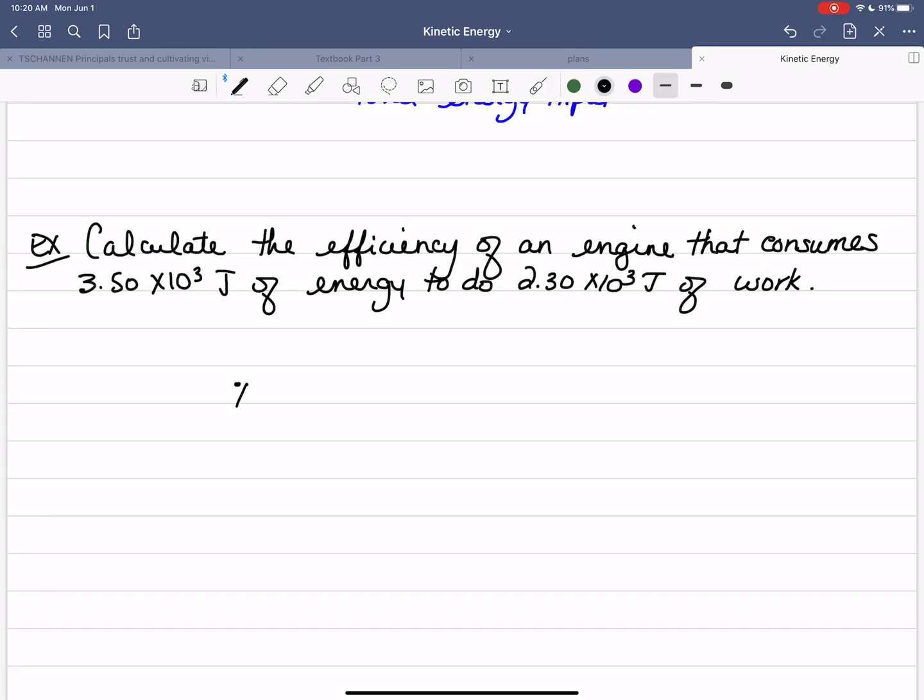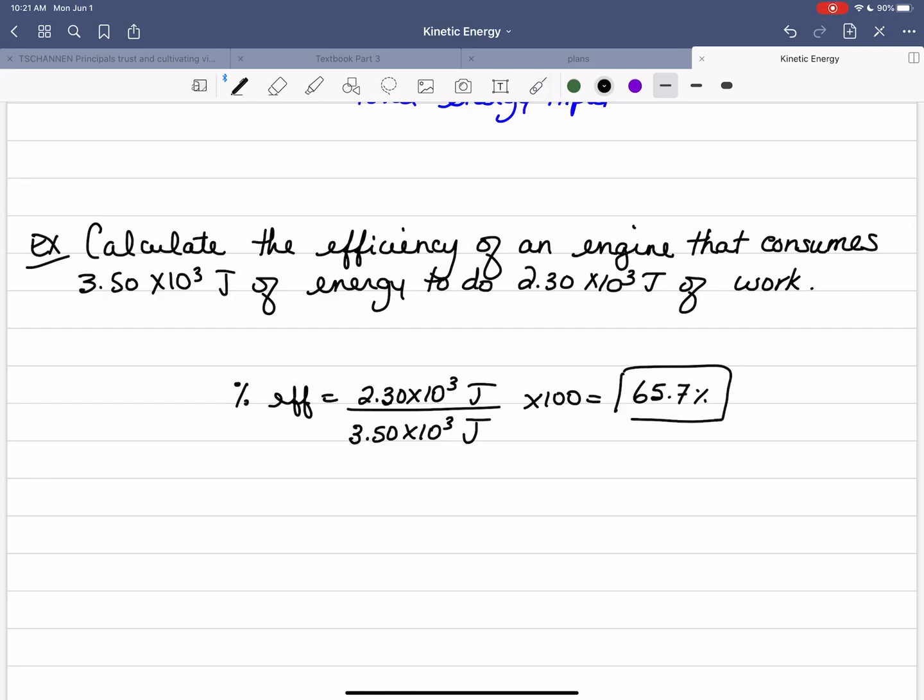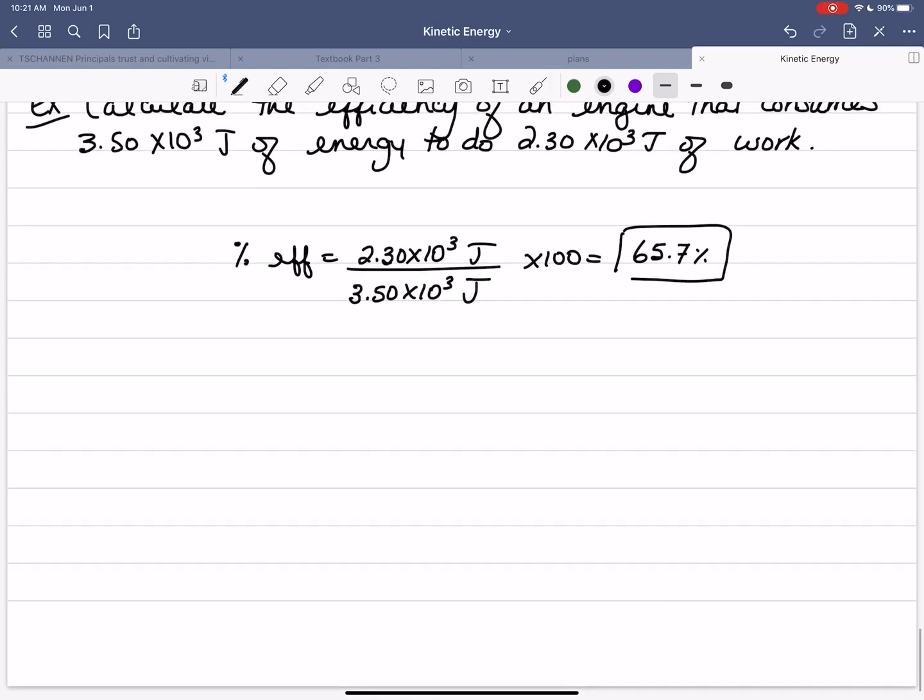Okay, so percent efficiency, my output divided by my input times 100, and the 3 significant digits. This engine is only 65.7% efficient.